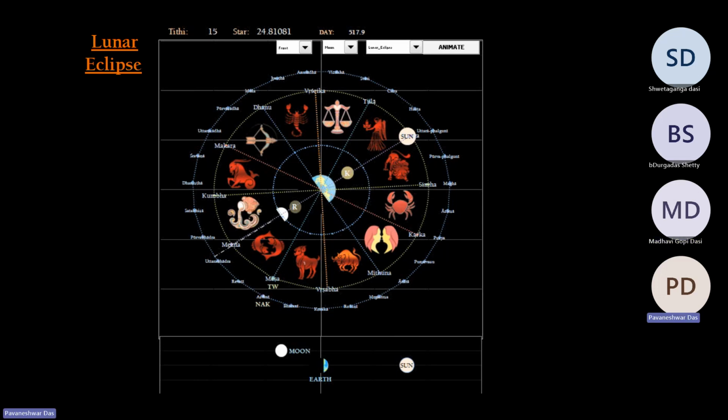Chaitanya Mahaprabhu himself appeared during an eclipse. At least during the eclipse, that 1 or 2 hours is not auspicious, that's fine. But if somebody is born then, you cannot say his whole life will be inauspicious. Even if he is born at an inauspicious time, his life can be auspicious also. Right. Thank you.